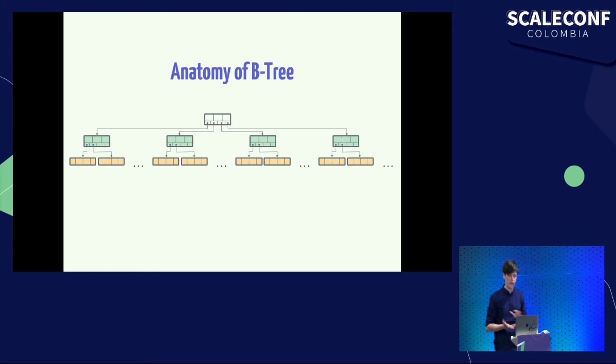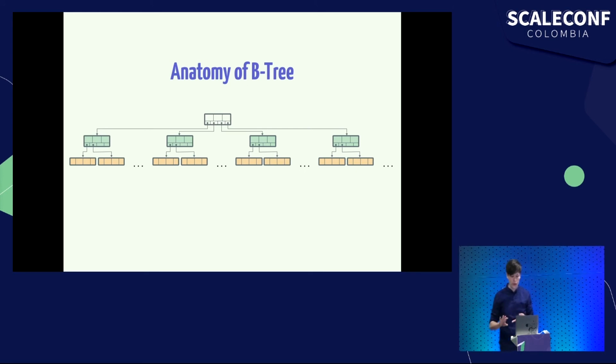For example, if the tree branching factor is n, and the node currently holds n divided by 2 pointers, its occupancy is 50%. The third characteristic is called height, which means how many levels there are between the top and the bottom. So on this image, you can see a tree of 3 levels.